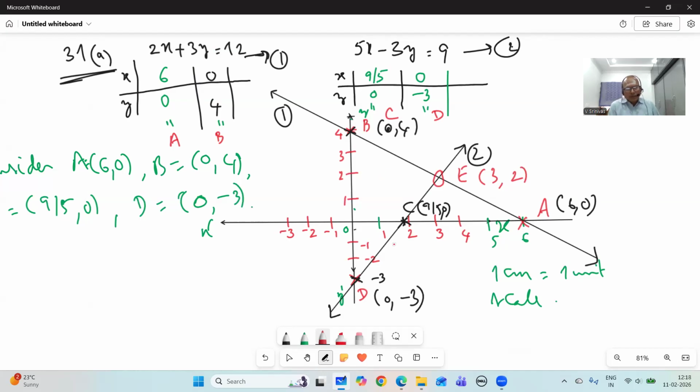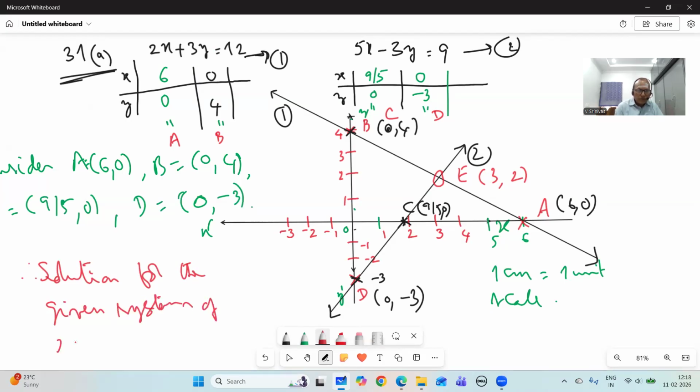And I think we are also asked the solution. Solution for the given system of equations is equal to E, 3, 2.